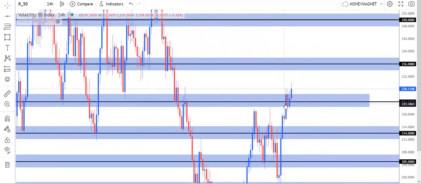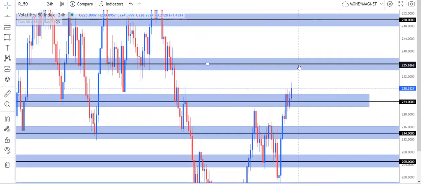So currently you can see price broke above this level, and we tested the level. Most likely price is headed towards this next level right here. Because you just have to understand price will move from one key level to another key level. Hence the need to know and understand how to mark up these key levels very well.